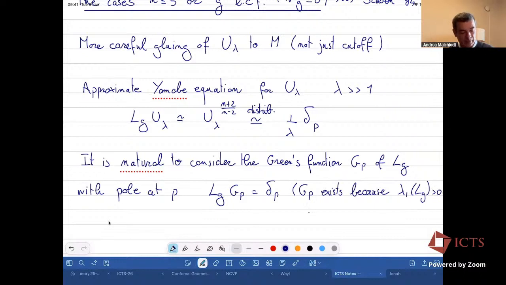And therefore, the operator L_g is invertible. So there are abstract theorems telling you that when you have an invertible elliptic operator, then you can find the solutions via a representation formula. So a Green's function exists.